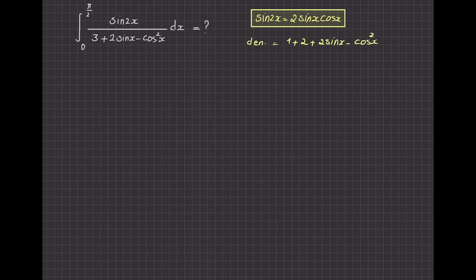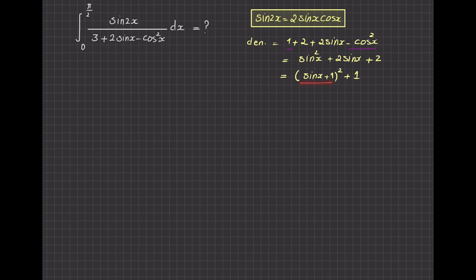Now, if I take this 1 and this minus cosine x squared, I get sine x squared, yes? So this becomes sine x squared plus 2 sine x, and then 2 is left for me here. I can continue a little bit, so I can write it as sine x plus 1 squared, plus 1. Why is that?